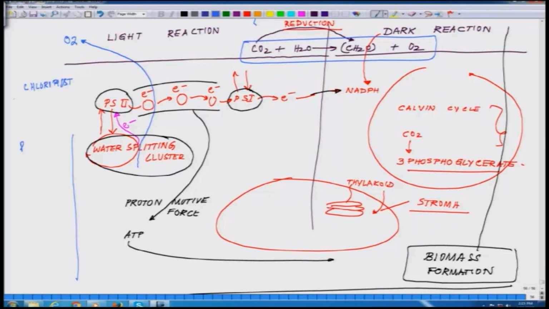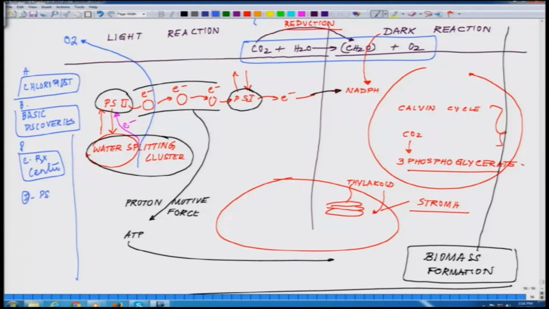Then we will talk about the basic discoveries which lead to our understanding of it. Then we will talk about the reaction center and the discoveries which led to the discovery of reaction centers. Then we will talk about photosystem 1, photosystem 2, and in between we will have a few points here and there. And then we will talk about the manganese cluster or water splitting.